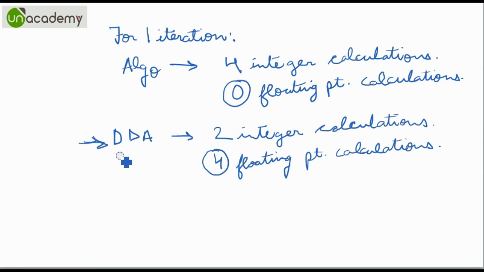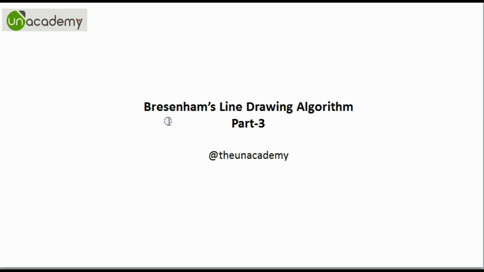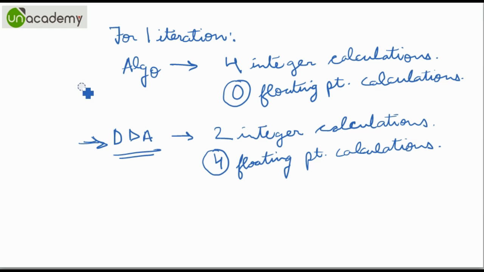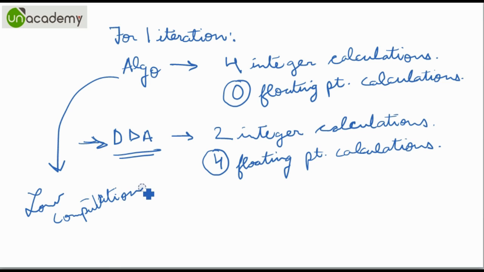So it is a high computational requirement algorithm, whereas this algorithm that we just discussed, the Bresenham's line drawing algorithm, has very low computational cost, and hence it is better than DDA.